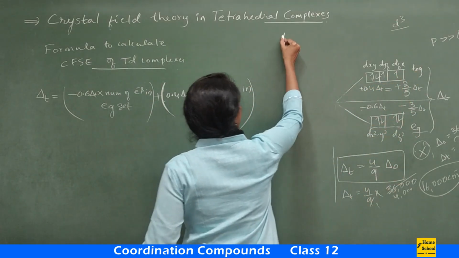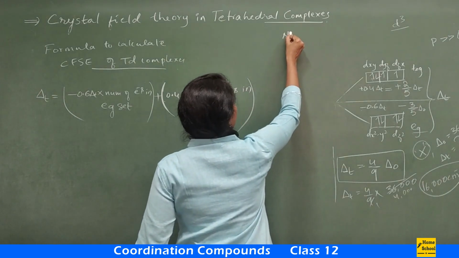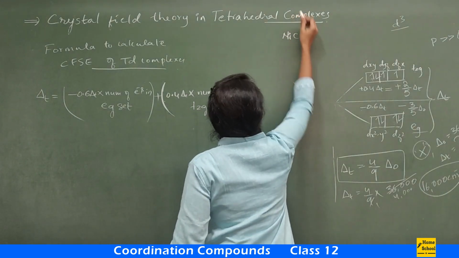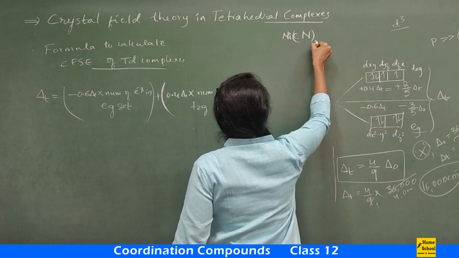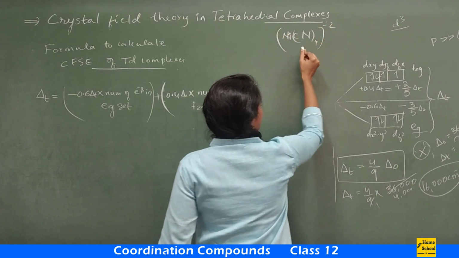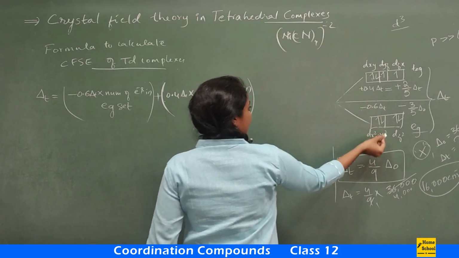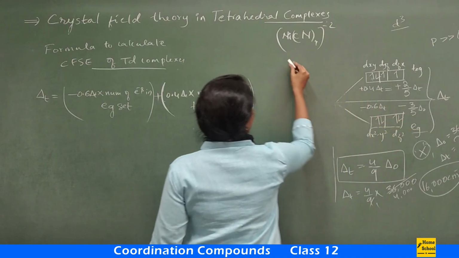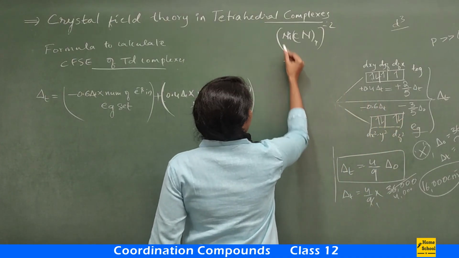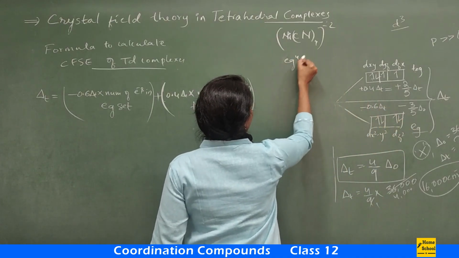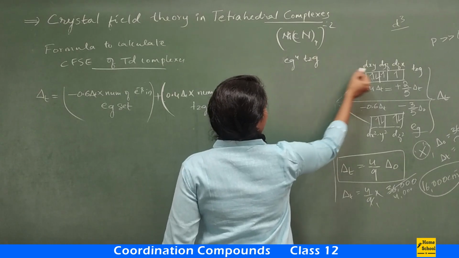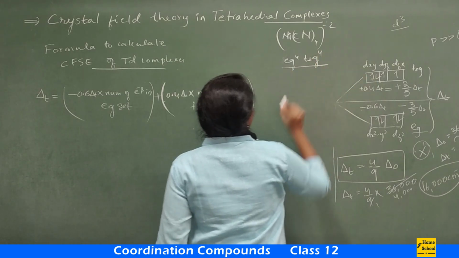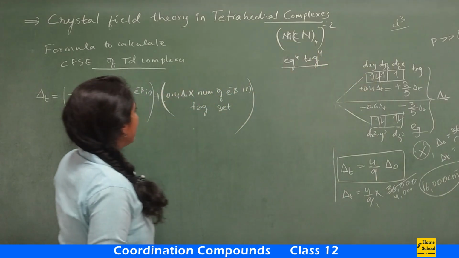Like previously, I have written the electronic configuration of NiCN4 minus 2, right? Its electronic configuration, I wrote it as 8 electrons, it's here only. So let me write its electronic configuration: EG4, T2G4 I have written. Now you apply the formula.